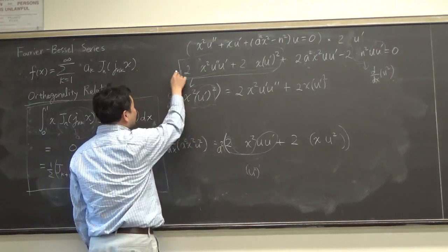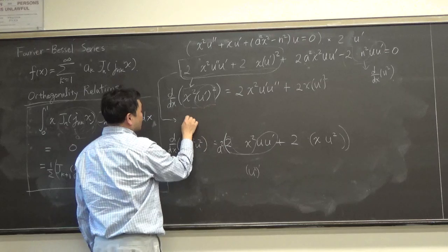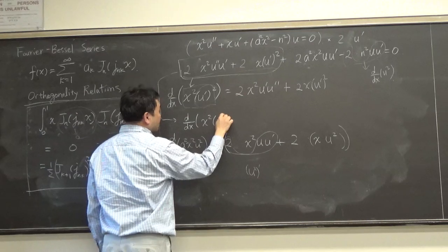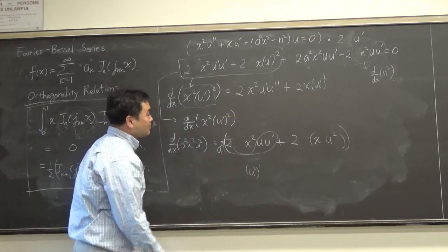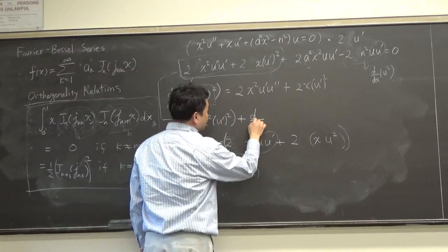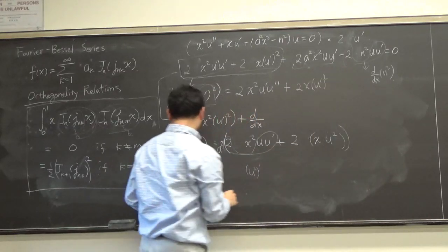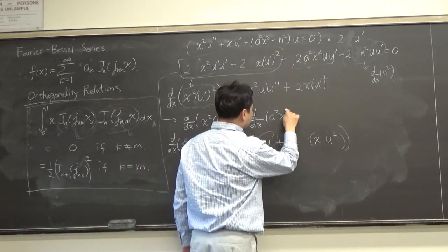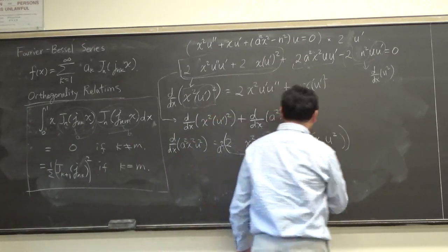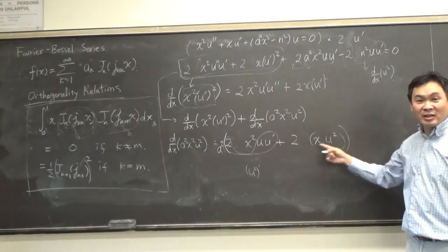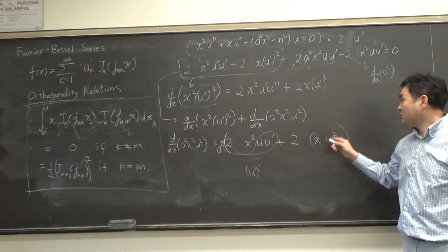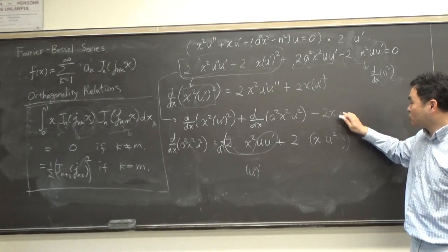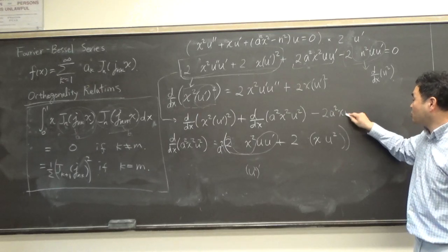This now becomes d dx of x squared u prime squared plus d dx, this one here will be the d dx of this, but it's not true unless we borrow this. But anything that you borrow, you have to pay it back, right? So you're going to put it back with a minus sign. 2a squared x u squared.